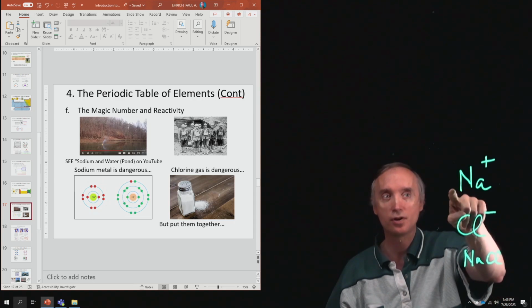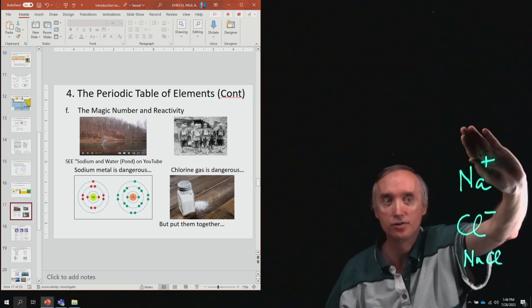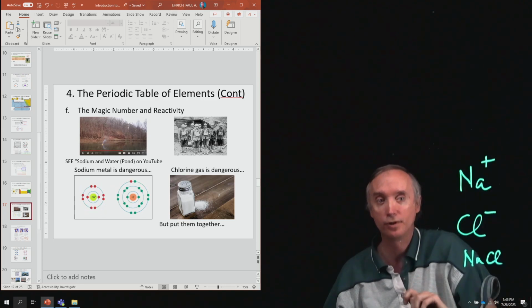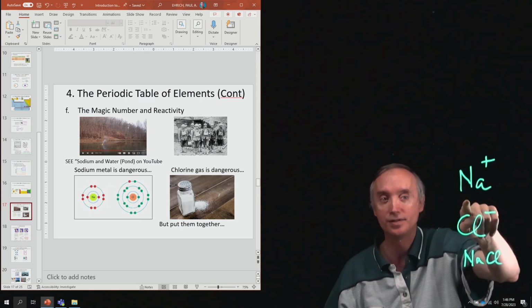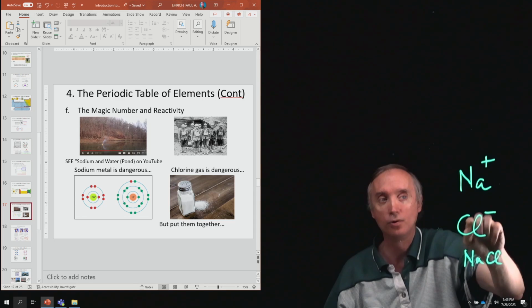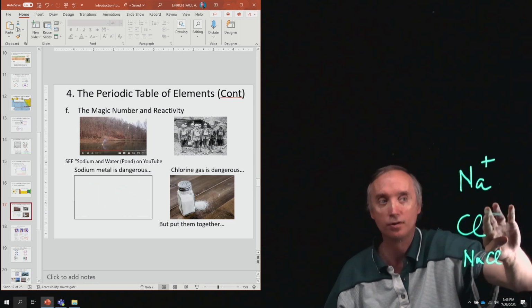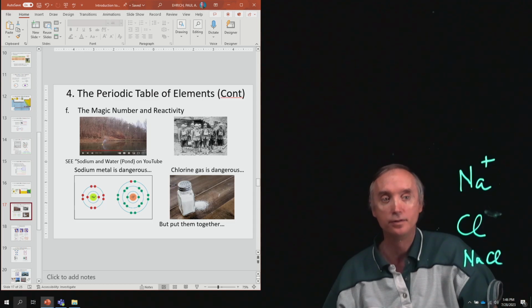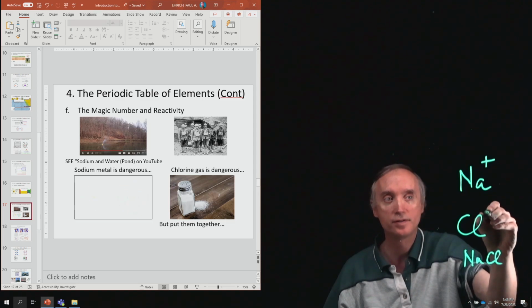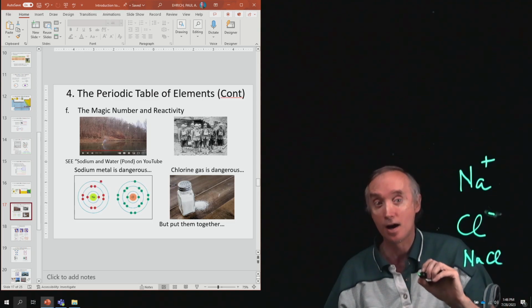So that sodium, the original atom, is very, very reactive, but sodium ion is not. And chlorine, the original atom of chlorine, is very reactive, but chlorine, when it's been ionized, is not.